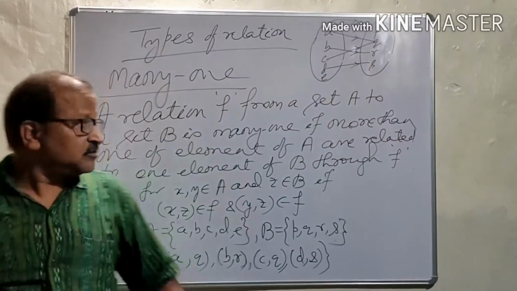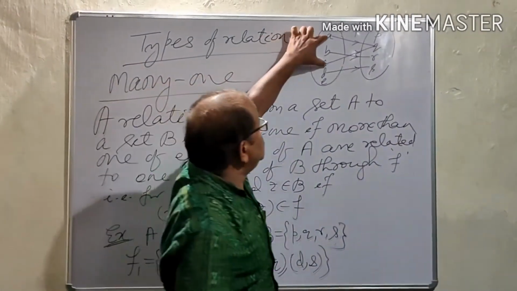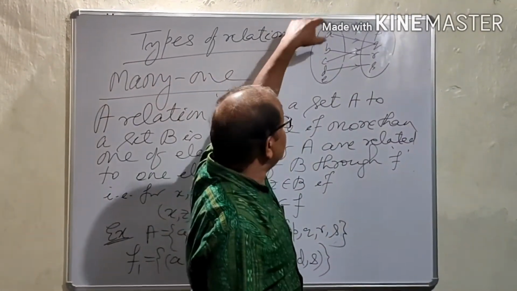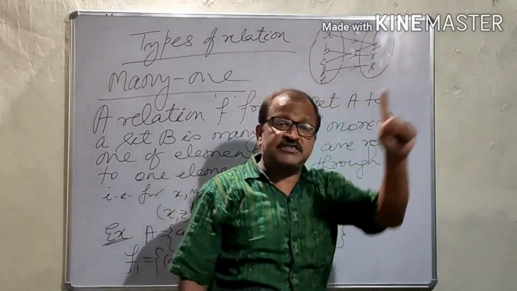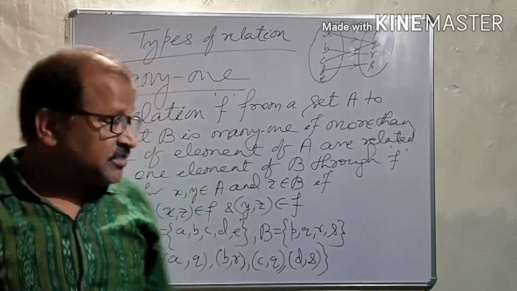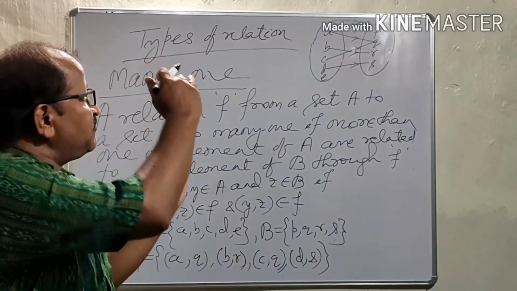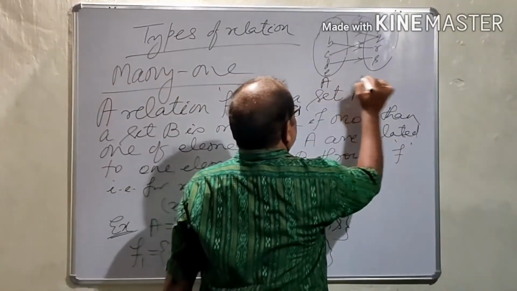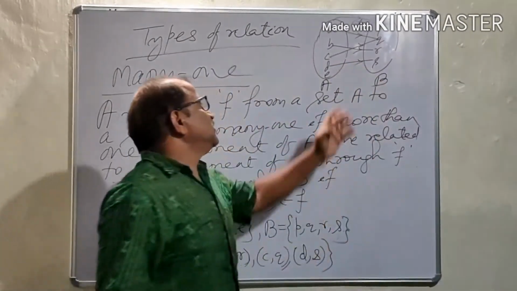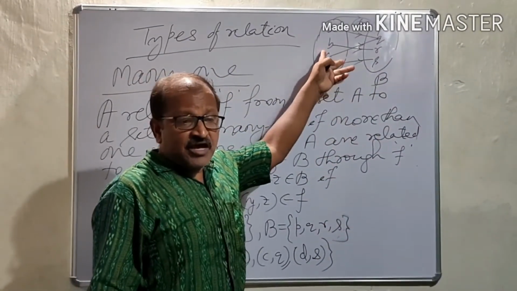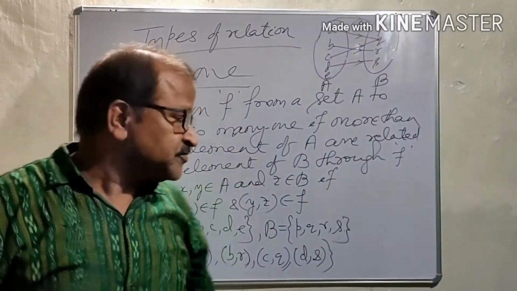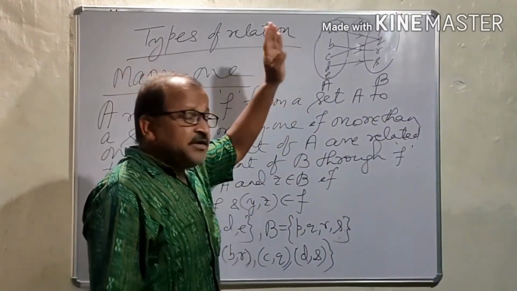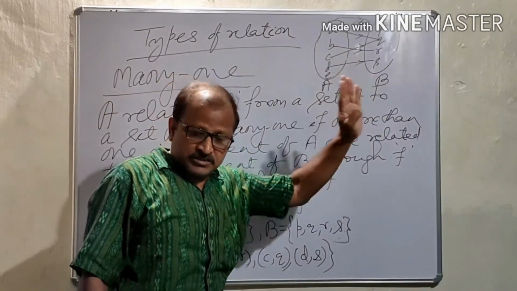It is clear from the arrow diagram that a, c are related to a single element of B. That means many elements of A are related to a single element of B. So it is a many-one relation.